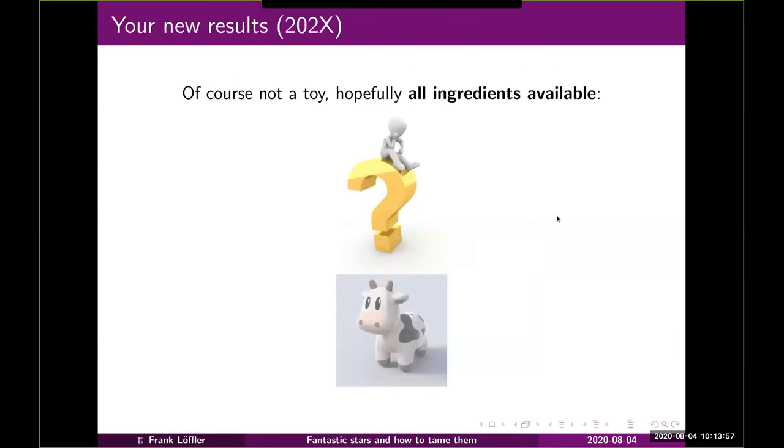So now the question is really only which results will you have for the next, let's say, 10 years. So in 2020 something, in order to get to that cow, because in the end we want to know what neutron stars look like and not what our simplified models look like and do. But that's essentially something we can leave up to us or up to you. And that's my last slide.